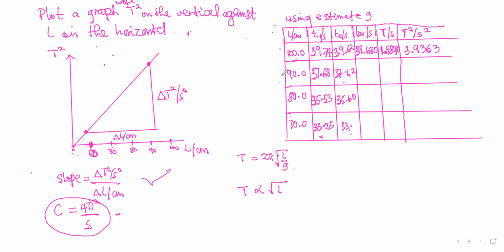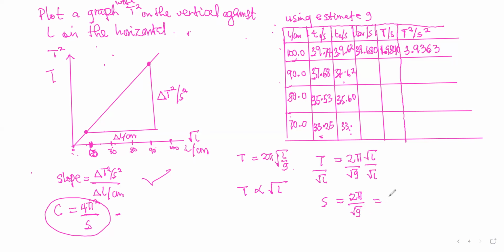What it simply means is that T is equal to 2 pi root of L over square root of g. So if you divide through by root of L, and the instruction is to plot a graph of T on the vertical against root of L on the horizontal, the slope must be equal to 2 pi divided by the square root of gravity.